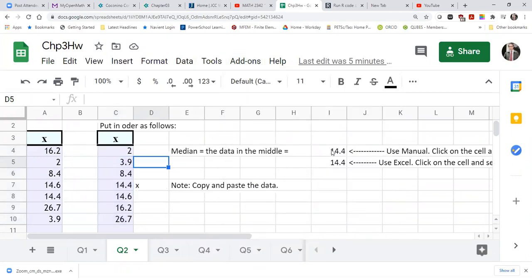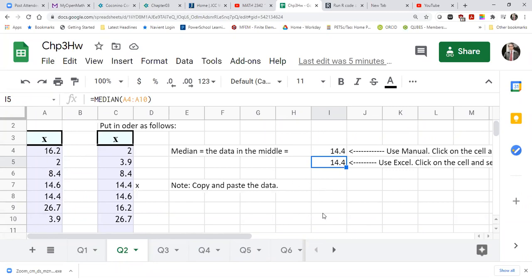So there are two ways to find the median here. You can sort the data, and then find the one in the middle, which is this one. Or you can use Excel, put equal median and then the data range. The data range will be from A4 to A10. It will give you the same number.